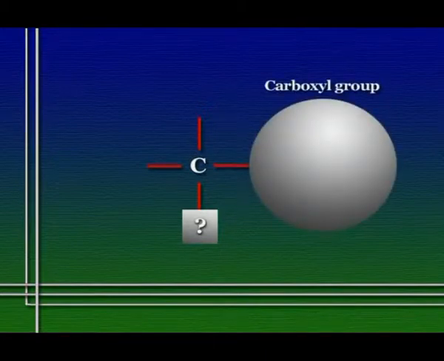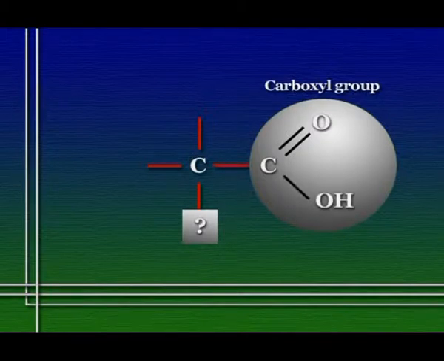Now, a carboxyl group is just a chemical group that has its own carbon atom attached to one oxygen. It actually has a double attachment, a double bond to this oxygen, and then to another group called a hydroxyl group, which is an oxygen bonded to a hydrogen atom. So that's what a carboxyl group is, and that's one of the things that is attached to the central carbon of an amino acid.